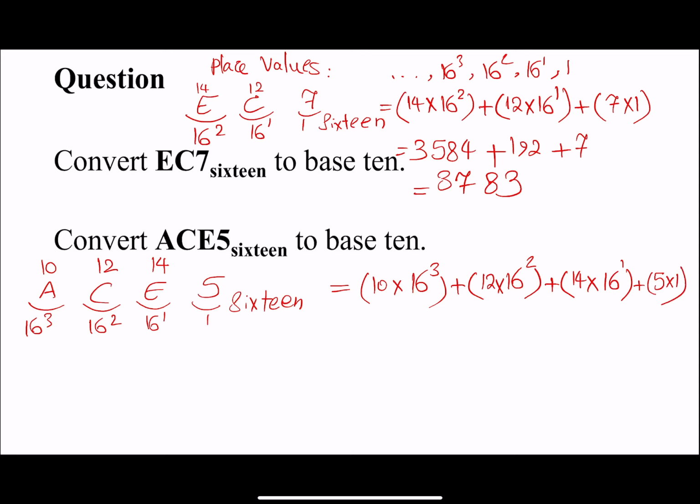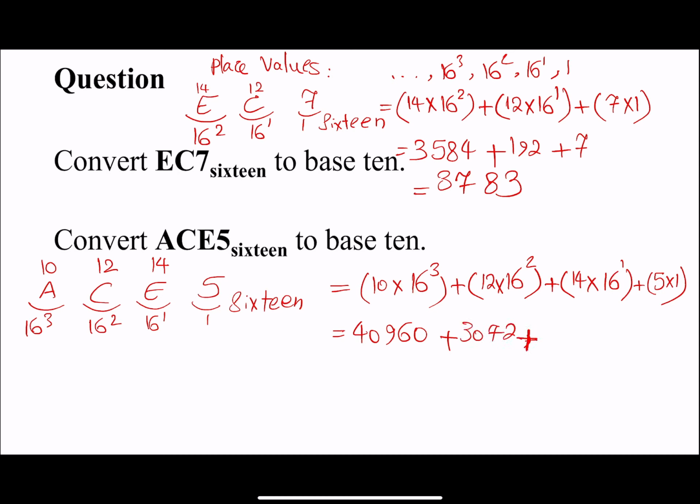When we add them, let's see what we get. The first one is 40,960. Then we have 16 squared times 12, which is 3,072.